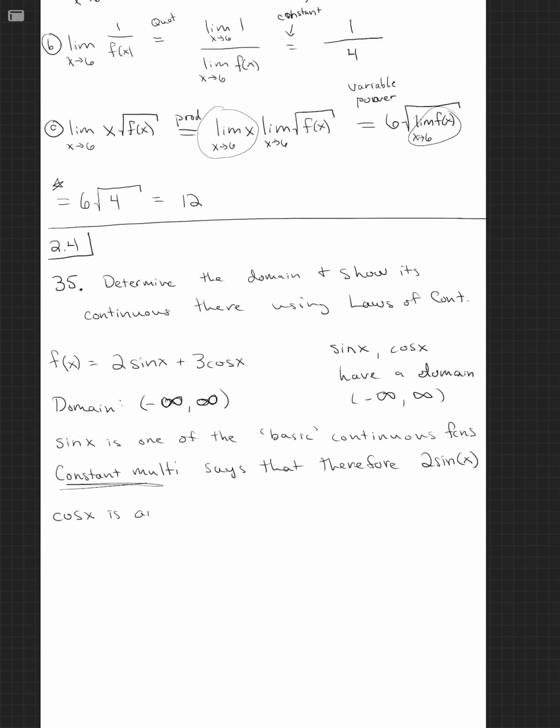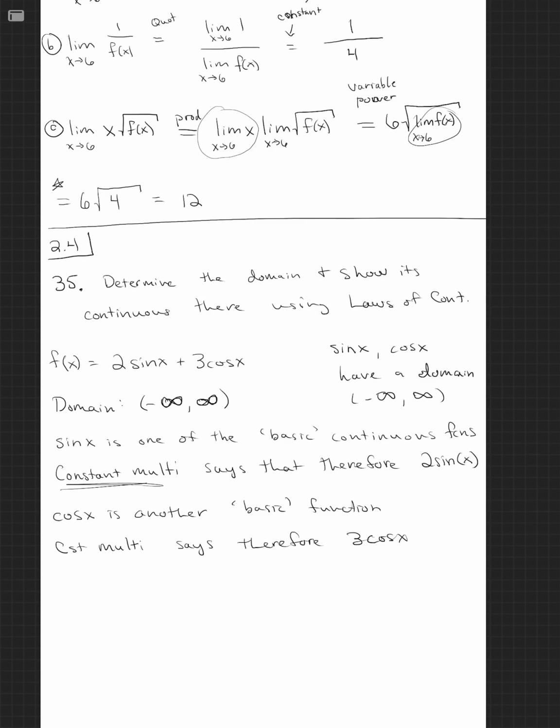Cosine x is another basic function. And the constant multiple rule again says, therefore, 3 cosine x's.